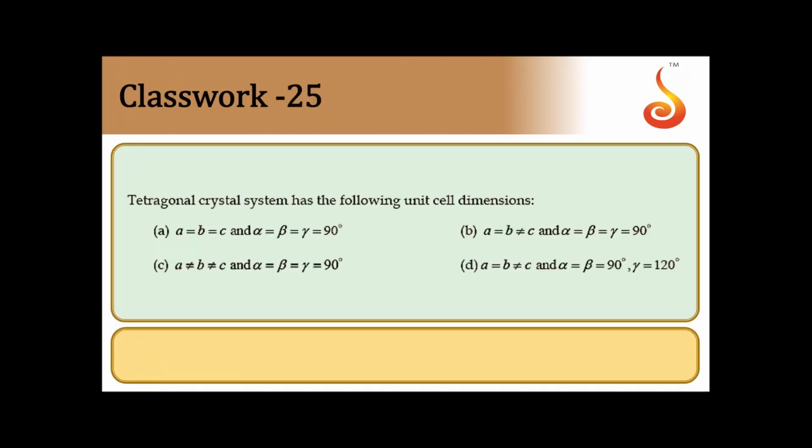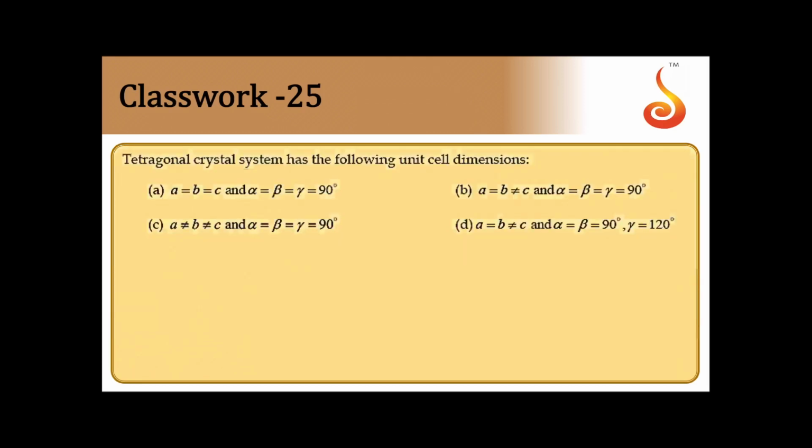Then 25 now. Tetragonal crystal system dimensions. So dimensions of the tetragonal system now. Here, in a cubic form this will be correct. A stands for cubic structure, this is a cubic form we have. B is a tetragonal form, which they are asking us.